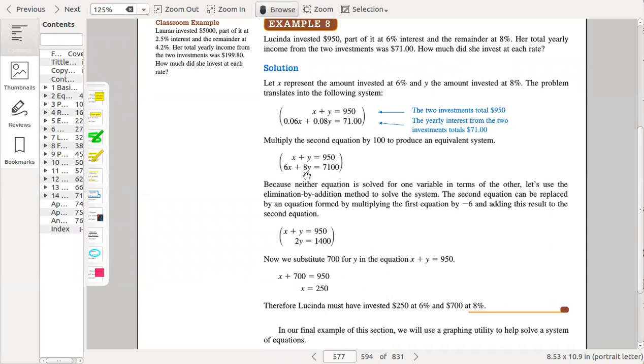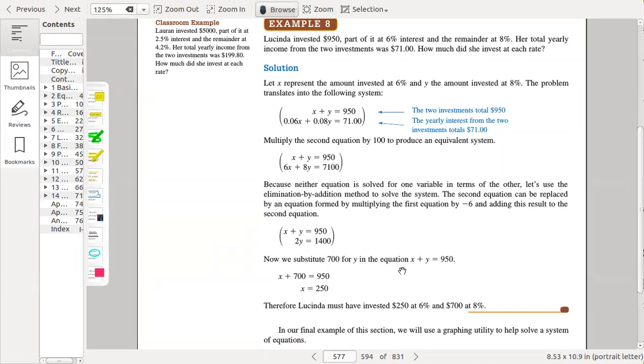So minus 6y, it will be 2y, and minus 6 into 950, and then you subtract 7100 from minus 5700, and you will have 2y is equal to 1400 and y is equal to 700.